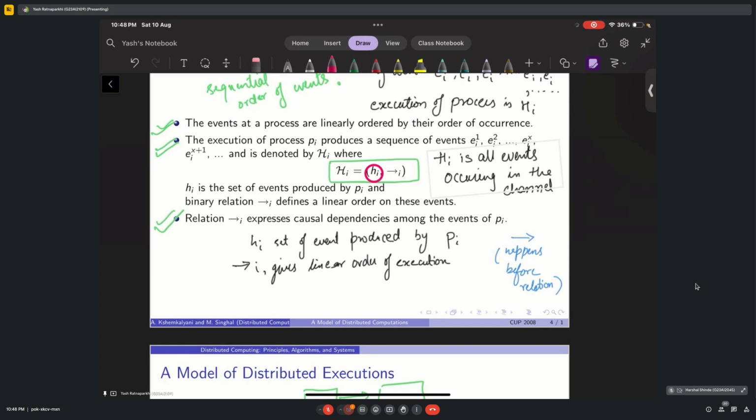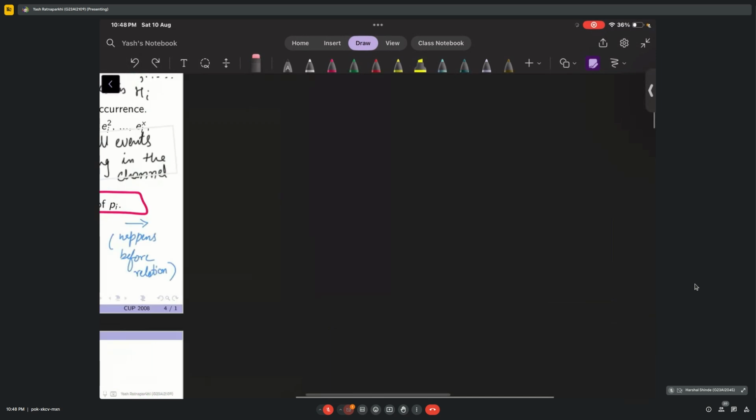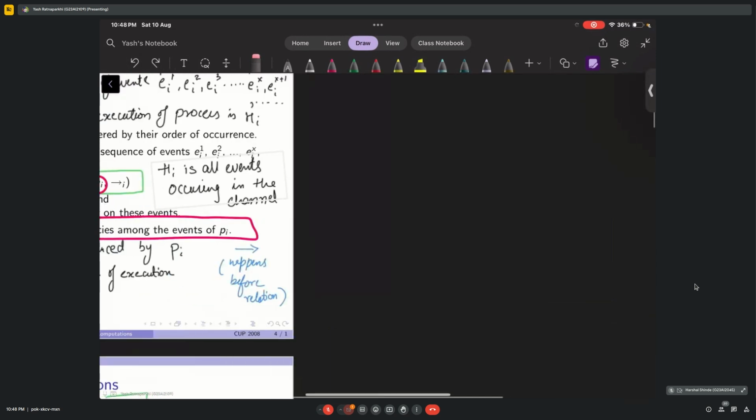Now there comes a very important term to understand, this relation. What does this relation say? It expresses a causal dependency among the events of Pi. I'll give you a very easy example to understand what this causal dependency is.